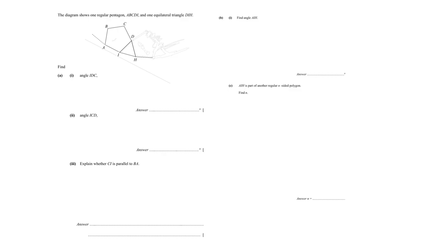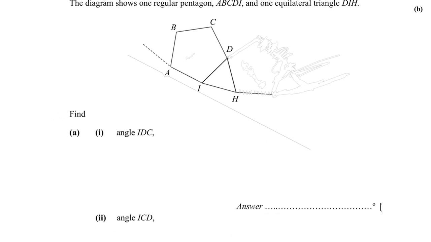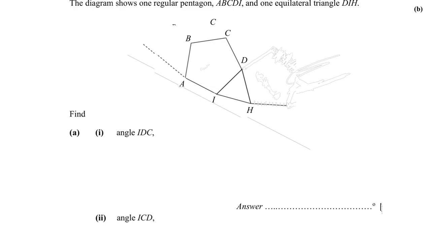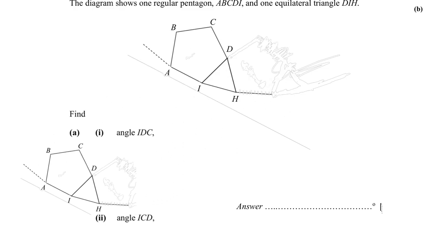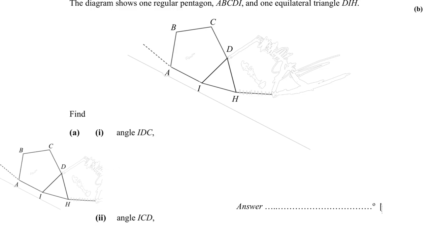We are given a regular pentagon ABCDI and an equilateral triangle DIH. So, how do I find angle IDC? Let's zoom in, and I do like to do this so that it's easier for everyone.